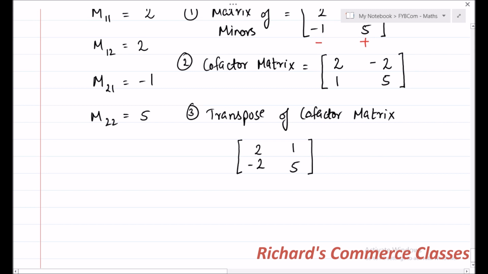And this is the final answer. It is denoted by adjoint A, or simply ADJ A, and is your final step.